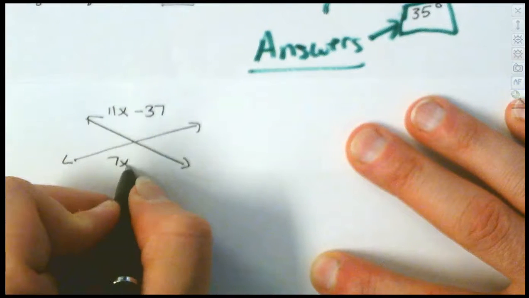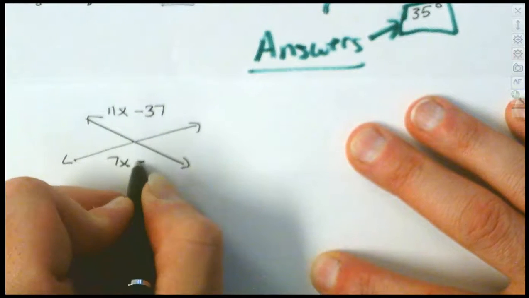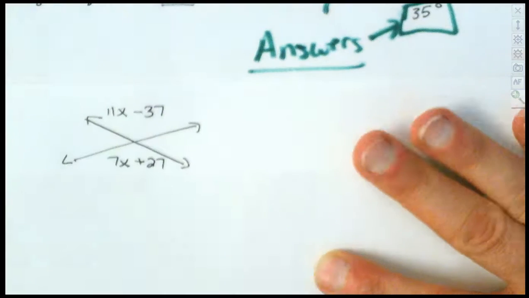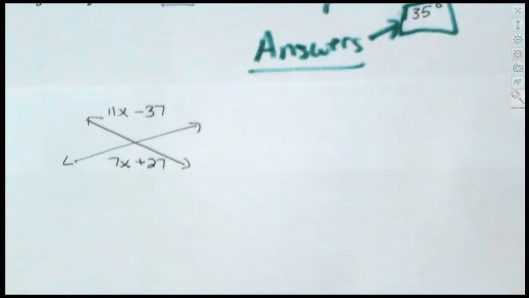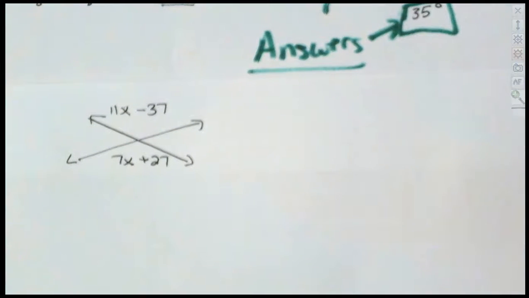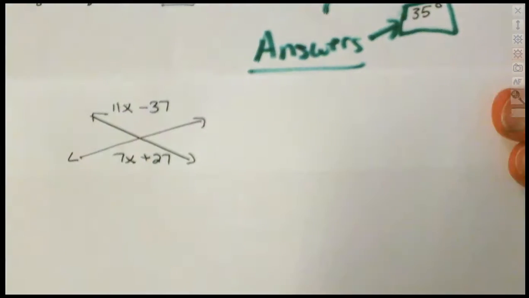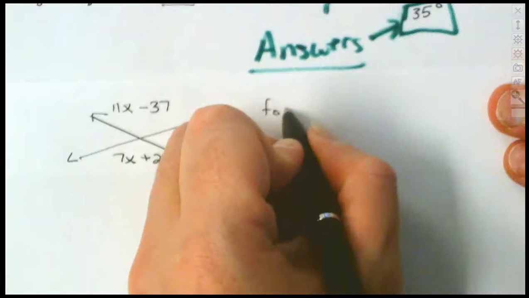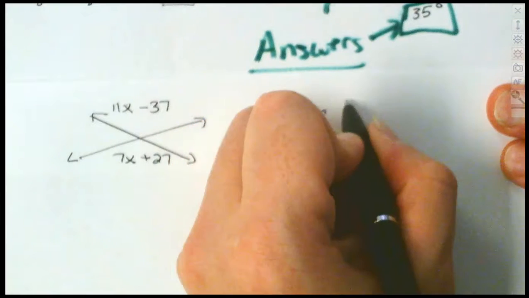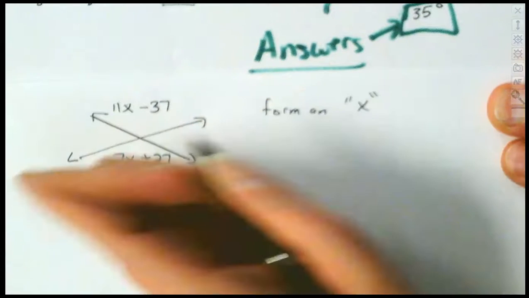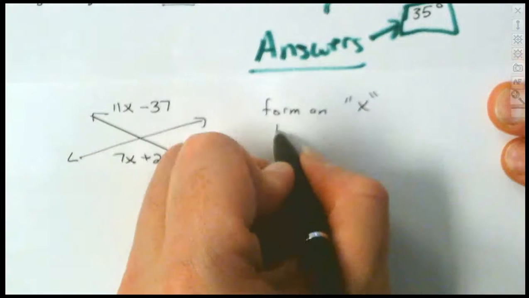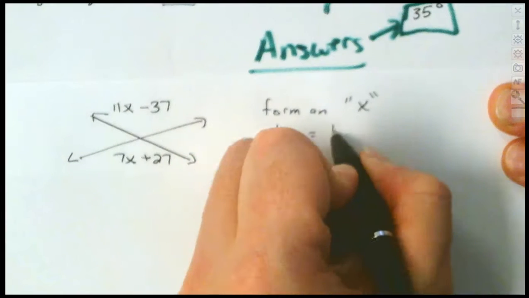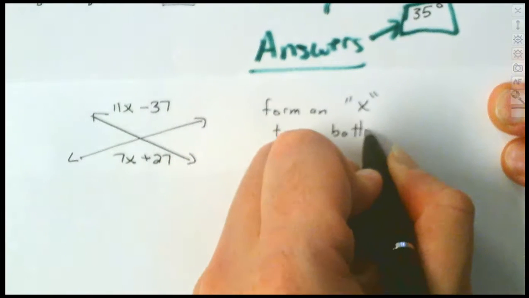And down below, we've got 7x plus 27. Now, what do we know? Okay, these form an x, don't they? So the top equals the bottom. So these are called vertical angles. So these are going to form an x. And that means the top equals the bottom angle.